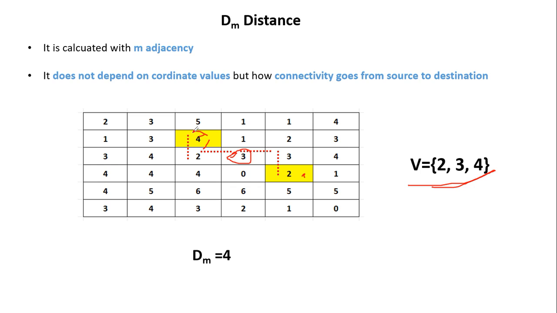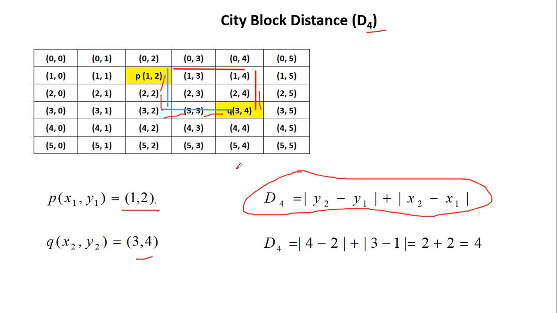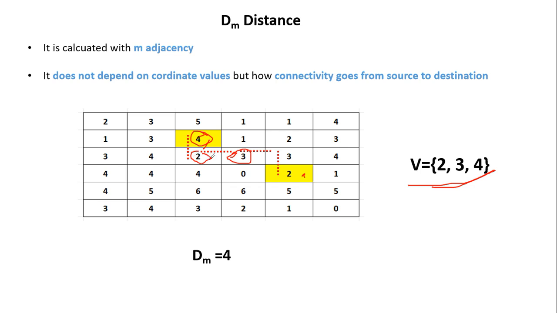The common neighbors of 4 and 3 are 1 and 2. 1 is not under consideration because it is not part of V, but 2 is in the set V. Since 4 has 2 and 3 has 2, their intersection is not empty. So this condition is false. N4P intersection N4Q must be empty, but here it is not empty, it contains the value 2, therefore the condition is not satisfied.